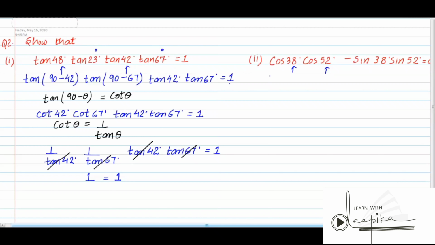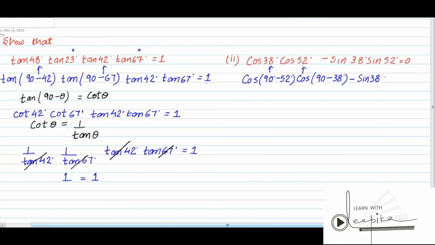In order to do that, I'm going to write cos 38 as cos 90 minus 52, and cos 52 as cos 90 minus 38 degree, and the remaining two terms sin 38 and sin 52 is equal to 0.